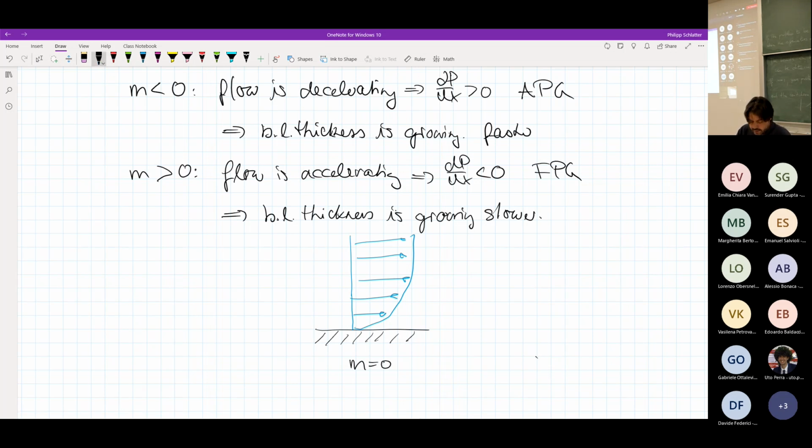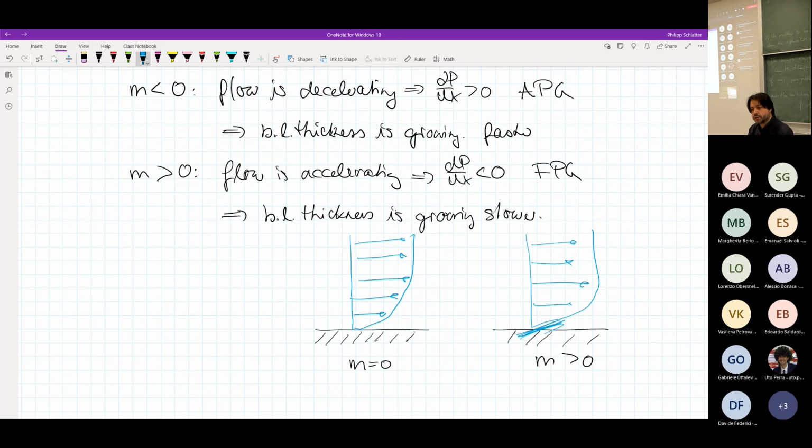On this side now is the accelerated case, so that means my boundary layer thickness is not as thick as the one that I have for Blasius. So that would probably be something like this, where the gradient here is actually larger than it would be for the zero pressure gradient case.